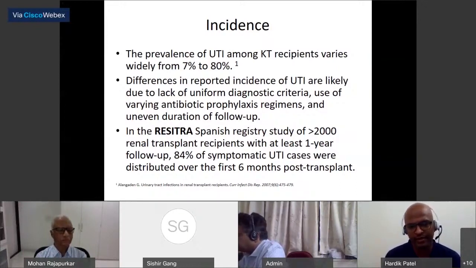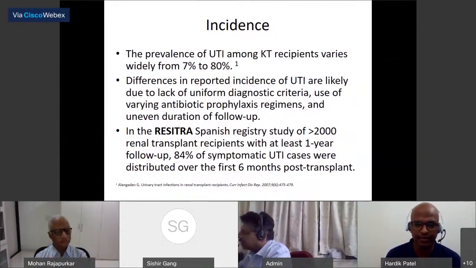In the Spanish registry, more than 2,000 renal transplant recipients were followed up for 1 year. The maximum number of UTI episodes happens during the first 6 months post transplant, and in that registry almost 84% of patients developed UTI in the first 6 months. That tells us that the majority of the urinary infections could be hospital derived also.